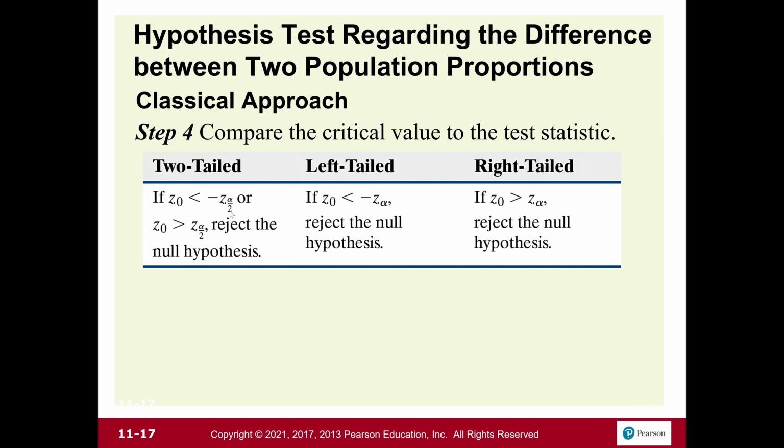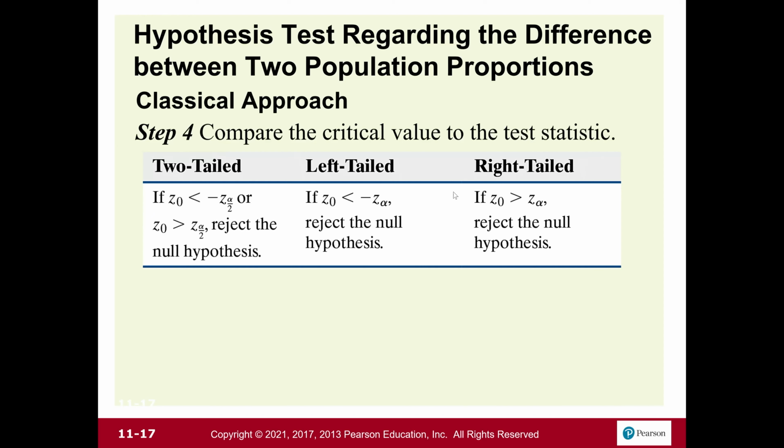If z naught is less than negative z sub alpha over 2, we would reject the null. If z naught is less than negative that, we'd reject the null as well. And then for the right-tailed test, if z naught is greater than z sub alpha, we would reject the null.